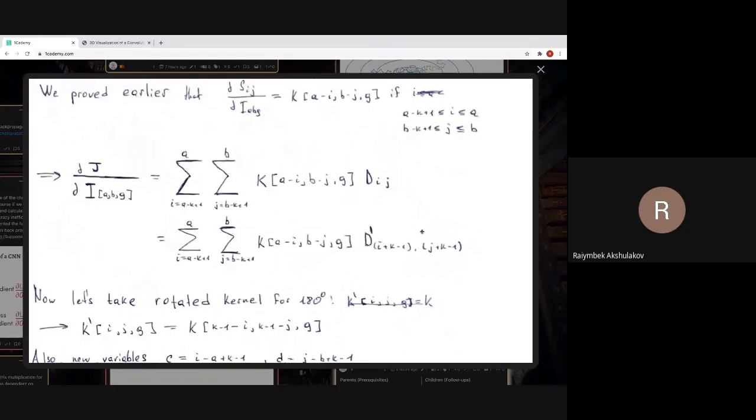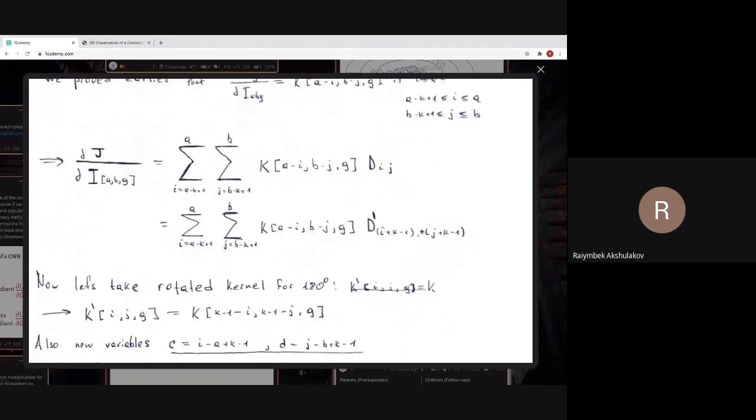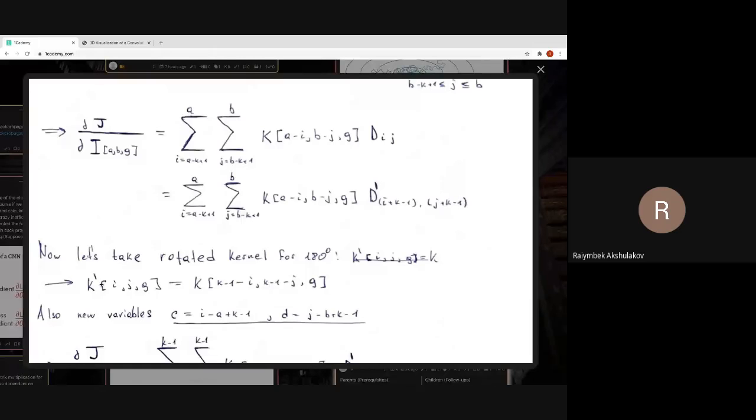Because I already had the formula before, now we can try switching a variable. Let's take also a new matrix K prime, which is reversed by 180 degrees, so it's flipped on the x-axis and flipped on the y-axis. So any K prime_ij would equal K at k minus 1 minus i and k minus 1 minus j.